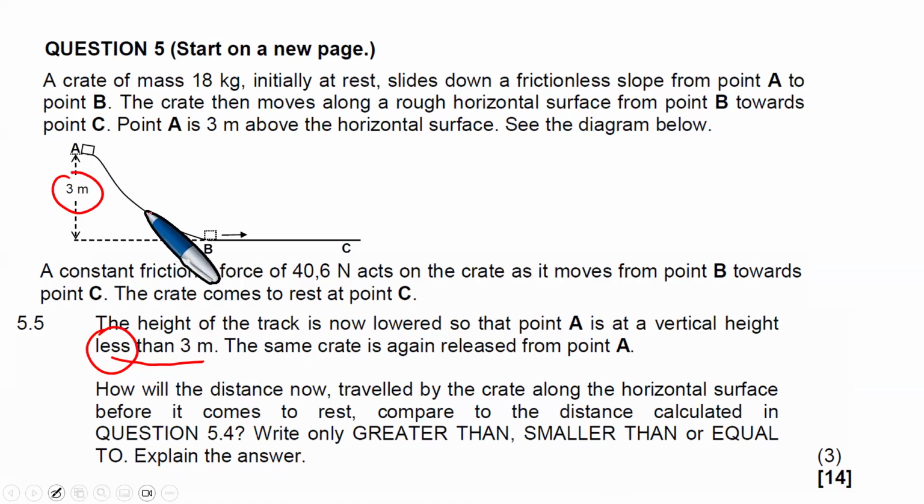Now we say, okay, this is not so steep. We reduce the height, so it starts at a smaller height. How will the distance now traveled by the crate change? Will the crate travel further, or will it travel less distance? That is the question.